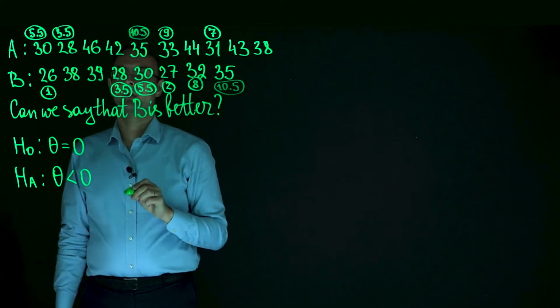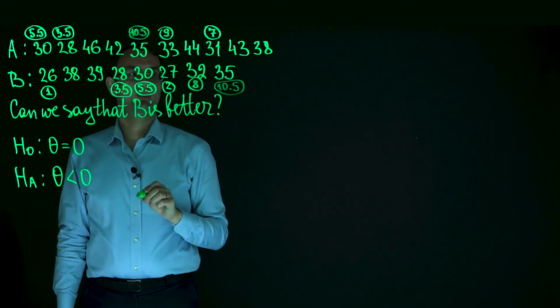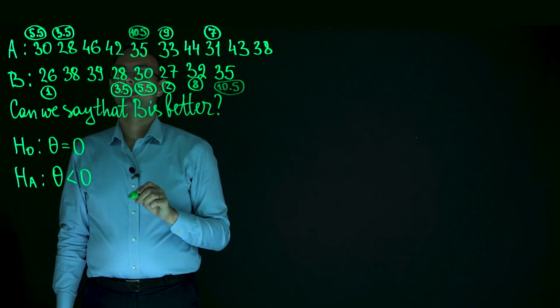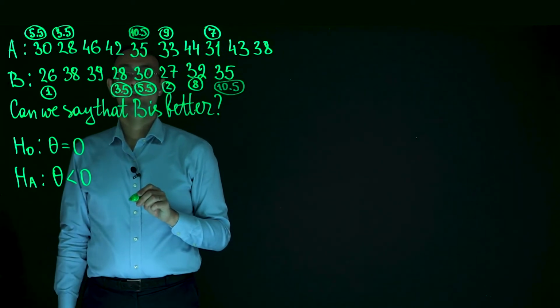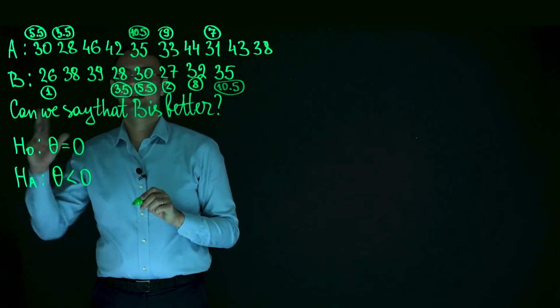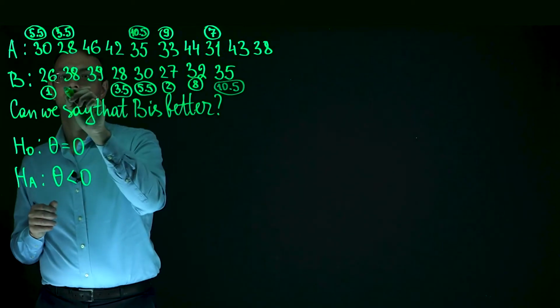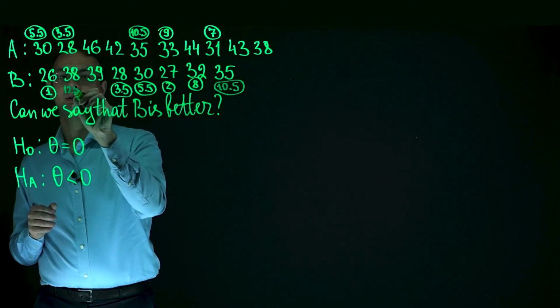Then the next rank is 12. 36, we don't have 36. We don't have 37. We have 38 twice. So their ranks are 12 and 13, and the average is 12.5.